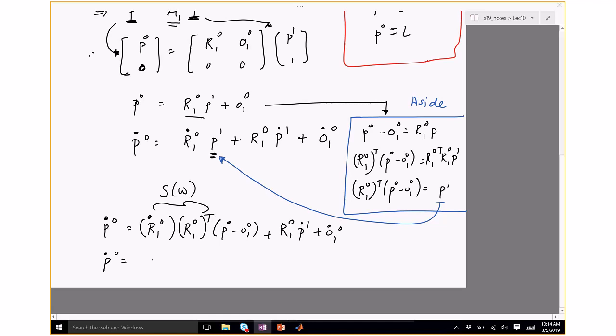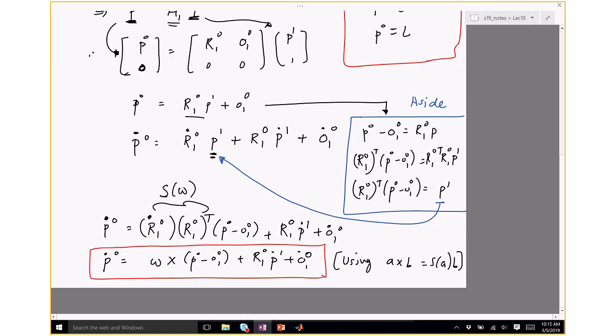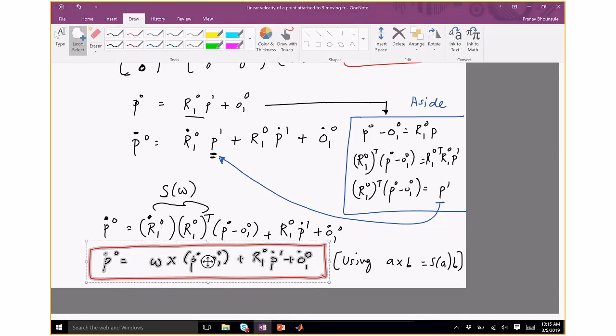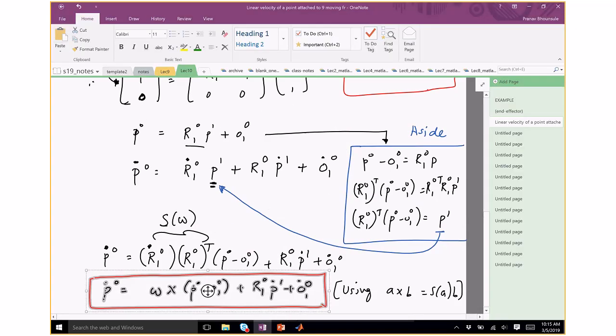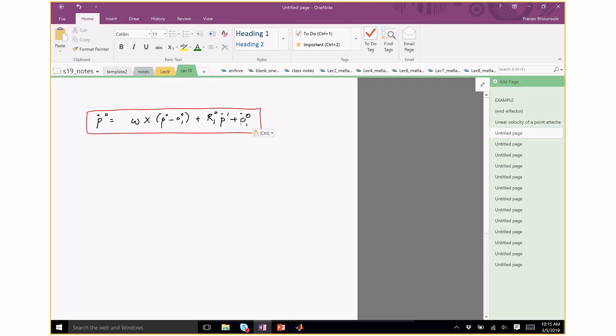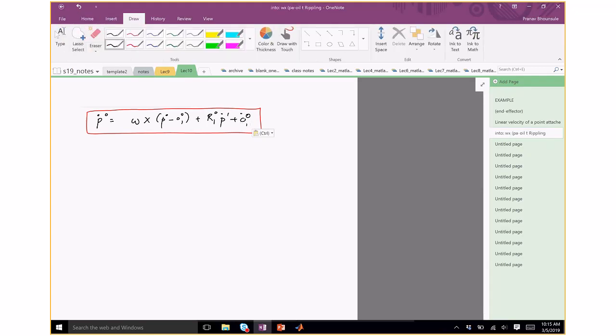So I would have omega cross, so this is using A cross B is S of A times B. That is, a cross product can be replaced by the skew symmetric matrix S. So that is the formula I was after. Okay, so a few things about the formula.